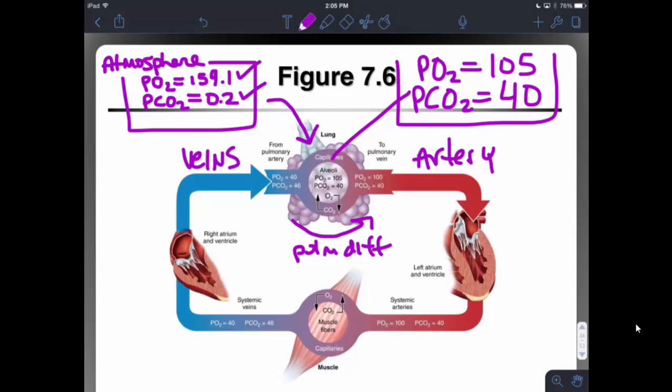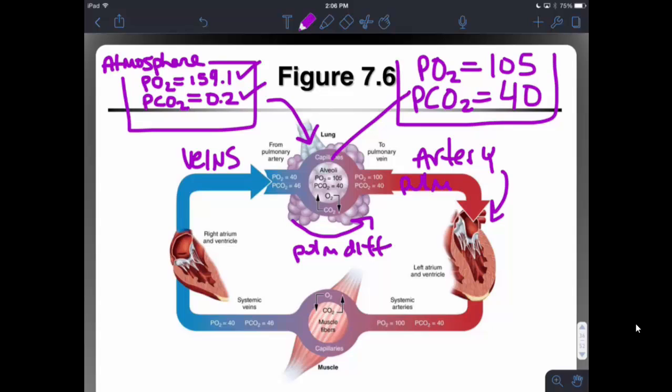We have oxygen moving into the blood, we have CO2 moving out of the blood, and then the capillary blood comes out and ends up in the pulmonary vein and goes back to the heart. And what we see is that as the blood moves through the capillaries in the alveoli, the PO2 equilibrates with what's in the alveoli, and the PCO2 as well.